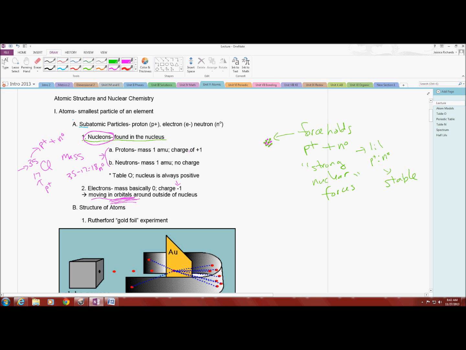So your nucleus is positive and you have a cloud of electrons moving around the outside that's negative, so an atom is neutral. If they use the word atom, it is a neutral particle, and the number of protons is equal to the number of electrons.